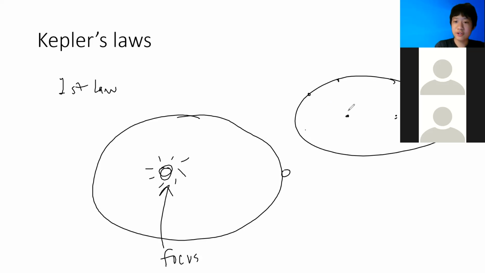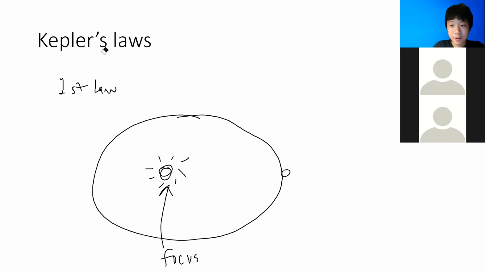Kepler's first law not only says that the orbit of a planet is an ellipse, but also that the star is at one of the foci of the ellipse. So that is the first law.